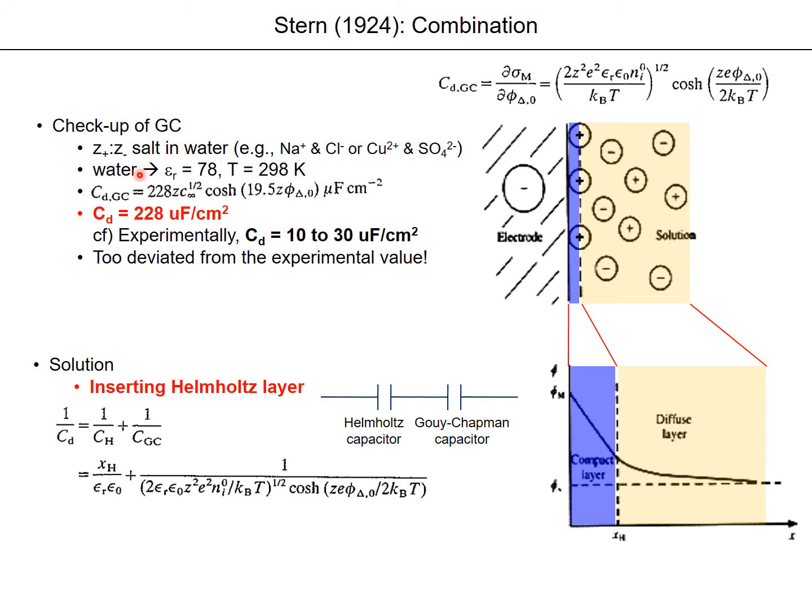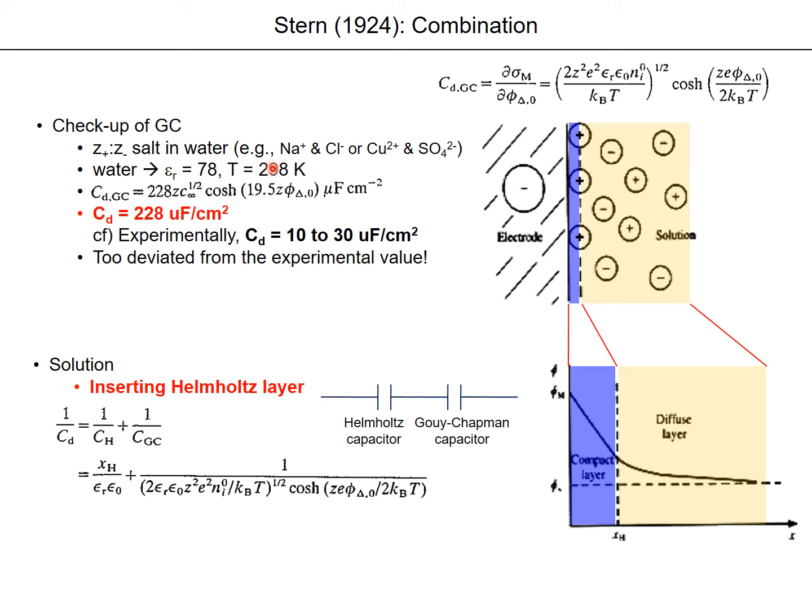Water has a relative permittivity, or dielectric constant, equal to 78. Let me assume that our electric double layer is formed at 25 degrees Celsius.